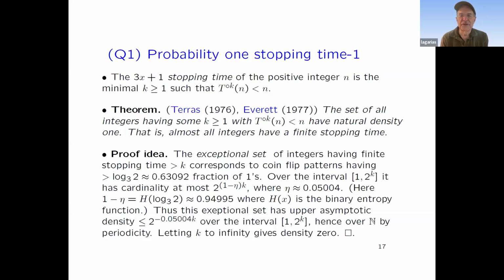You do this by analyzing the tail of the binomial distribution, because the numbers that are not going to go down below the initial value after k steps are the part of the binomial coefficient where the zeros and ones have a lot of ones, and the fraction of ones that's bad is log to the base 3 of 2, or 1 over log to the base 2 of 3, which is about 63%. It's well known how to estimate the tail of the binomial coefficient; it's the foundation of the theory of large deviations.